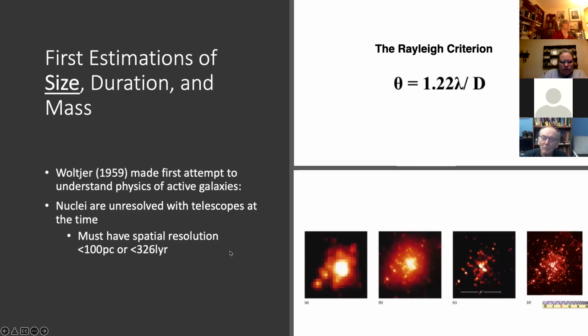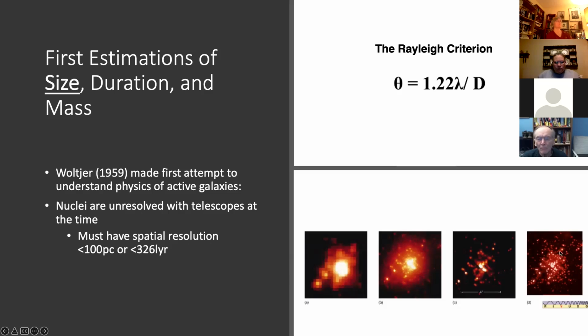At the time, with the technology they had, the smallest spatial resolution they could come up with was about 100 parsecs, or 326 light years across.